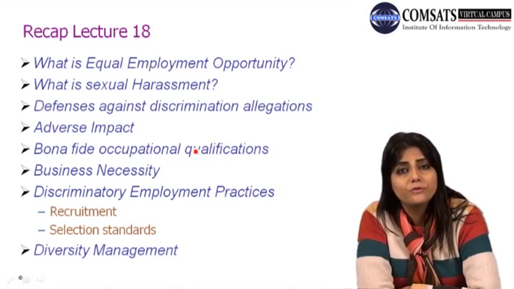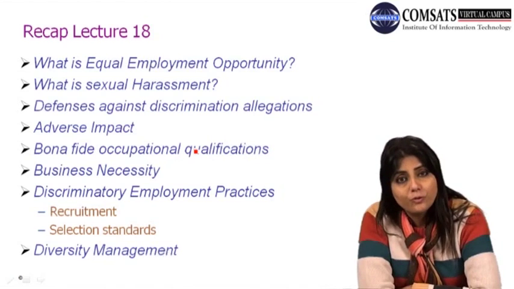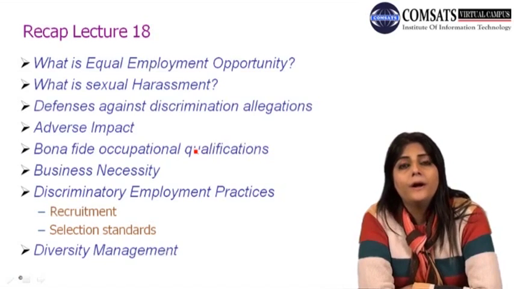We also saw the 4/5 rule, wherein at least 4/5 of the rate at which the majority is hired should be matched by the minority hirings as well. If the minority hirings are less than 4/5, it means that the practice is discriminatory.